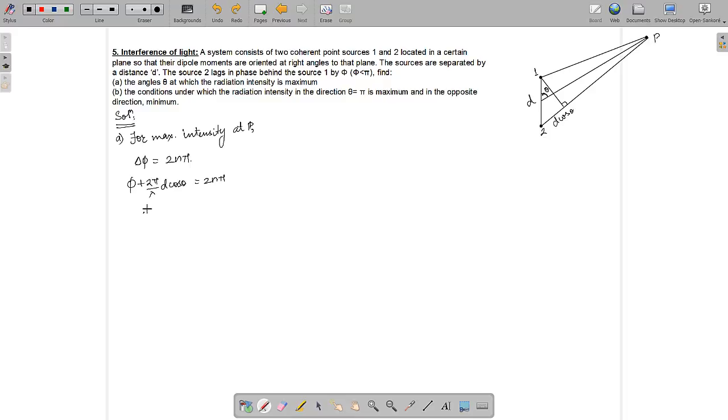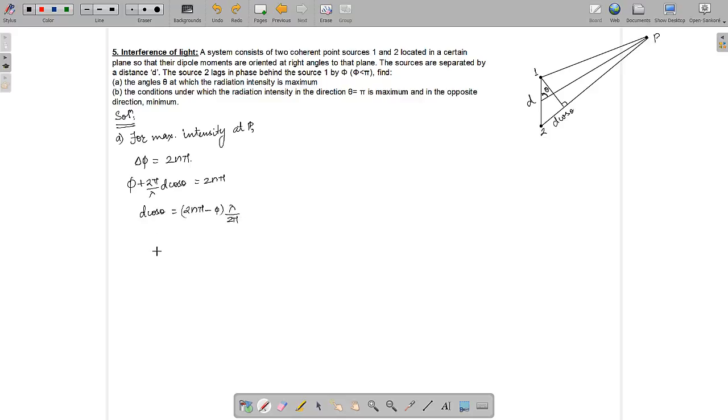So we can say from here that d cos theta is equal to (2n pi minus phi) into lambda by 2 pi.